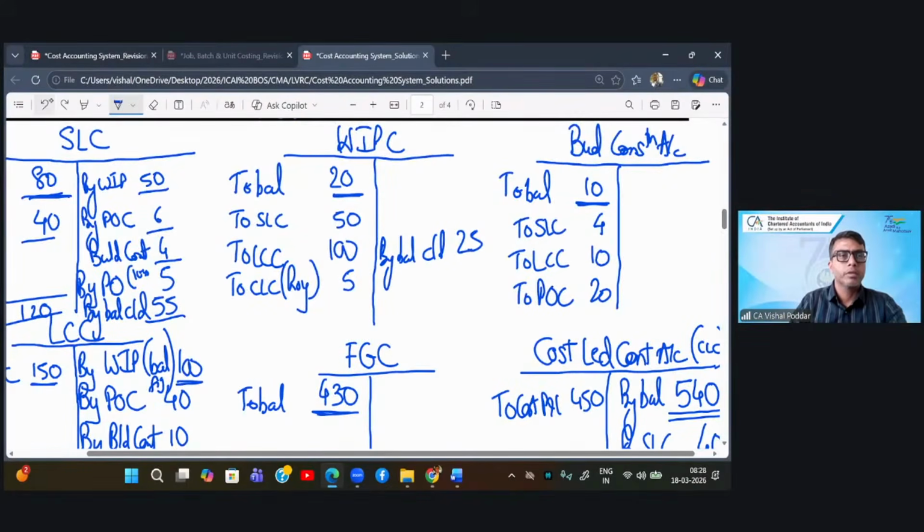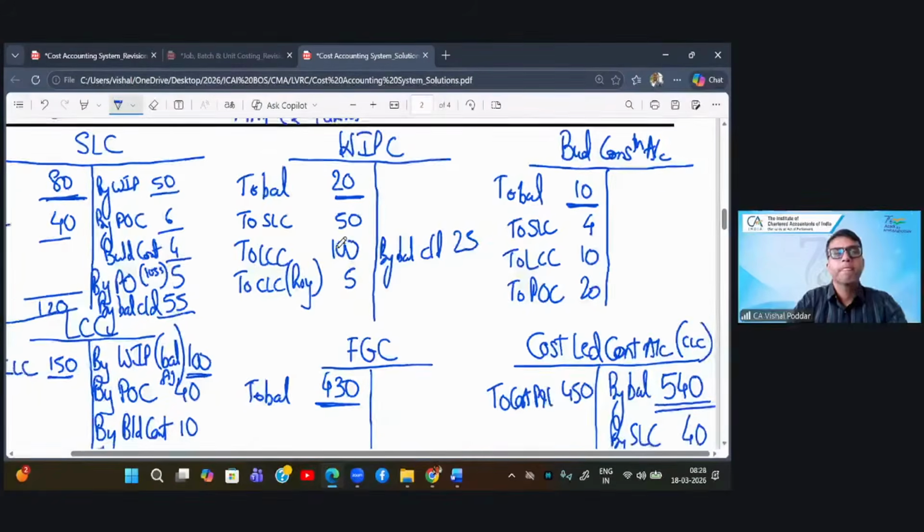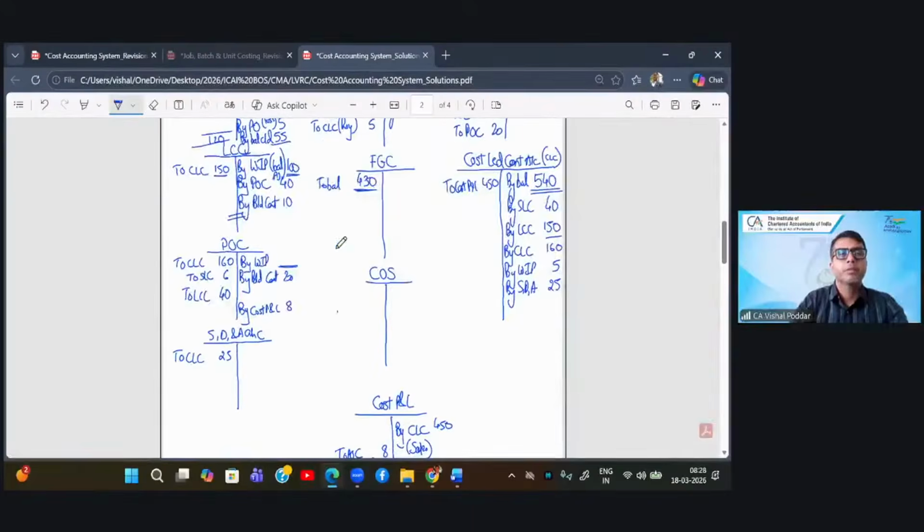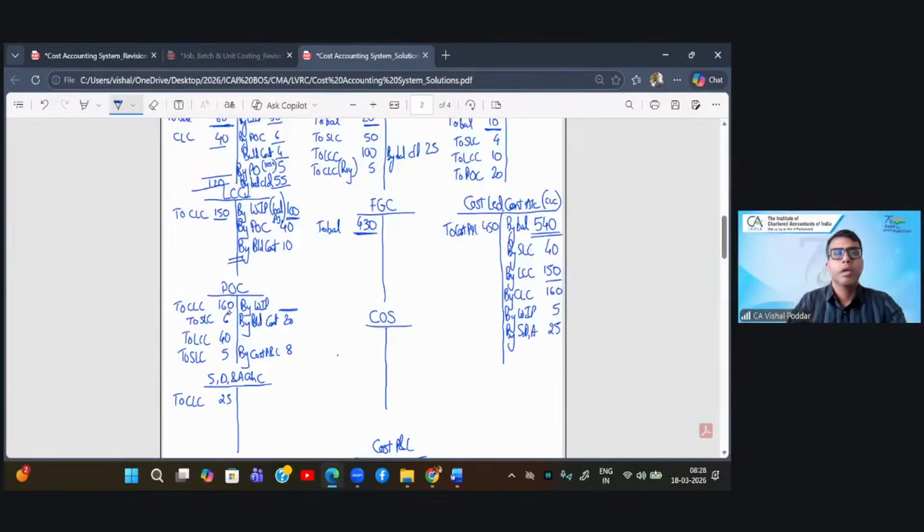But since they have specifically asked it to be treated as factory overheads, we will transfer it here. So to SLC 5. Now this account is closed with 120 as the total. Correct?